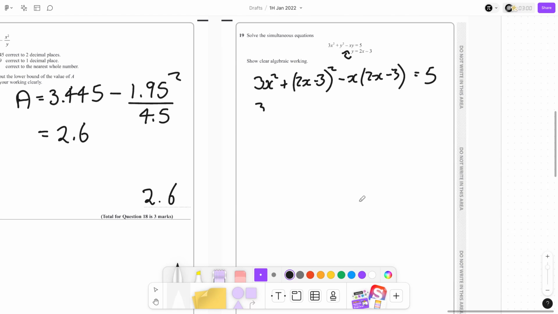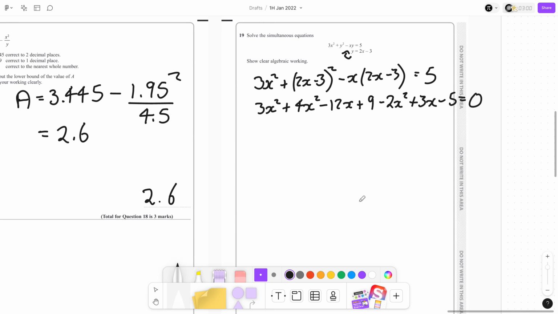So we've got 3x squared plus 4x squared minus 12x plus 9 minus 2x squared plus 3x, bring the 5 over, minus 5 equals 0.